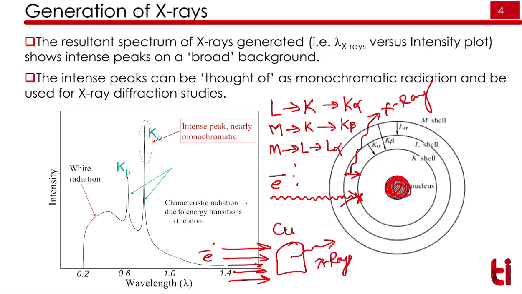For that, we use a very high voltage source, around 35,000 volts. Due to this very high voltage, the electrons possess very high energy.